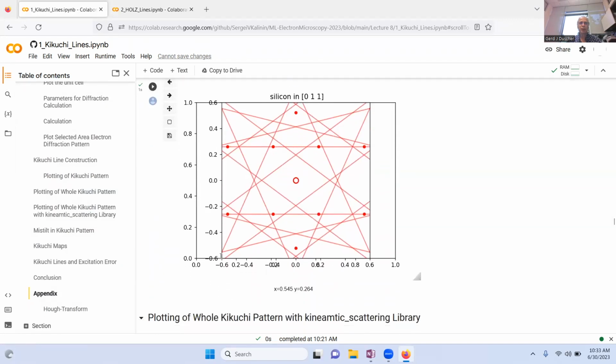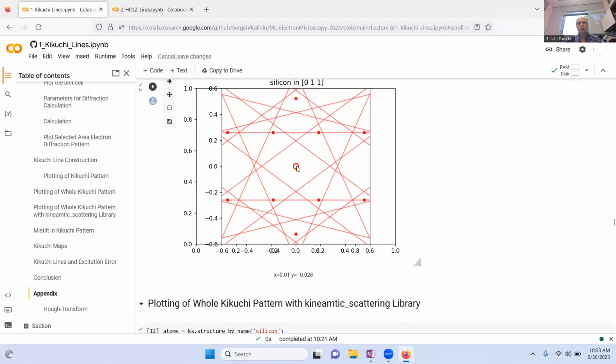But if you go up here, you see that you can also do it by making a bisection and going for the smallest distance of the line to the origin and the angle it has.